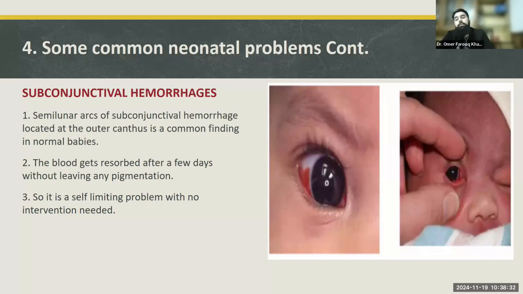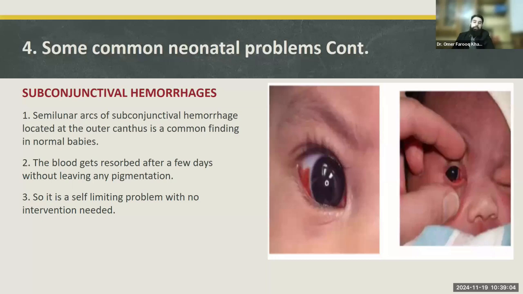Many of the times the parents rush back to the hospitals when they see that there is blood in the eyes, blood mixed in the whiteness of the eye, and ask what should be done, and what happened with our baby. But these are common problems, especially during vaginal deliveries when there is too much pressure on the face of the baby. Some of the blood vessels inside the conjunctiva of the eye of the baby get ruptured, and the blood extravasates beneath the bulbar conjunctiva.